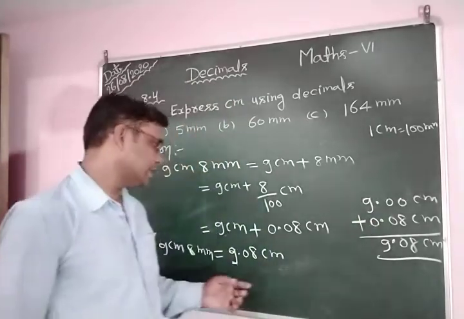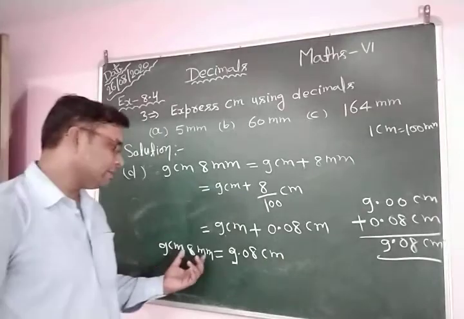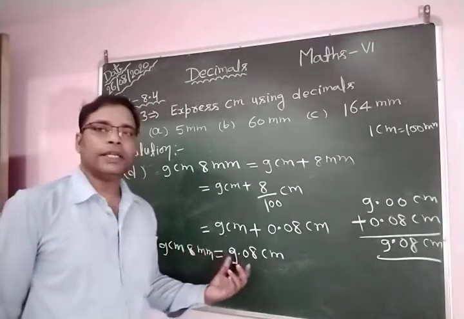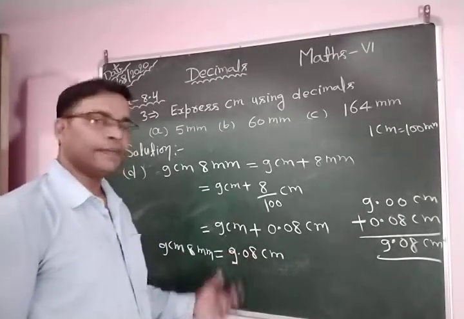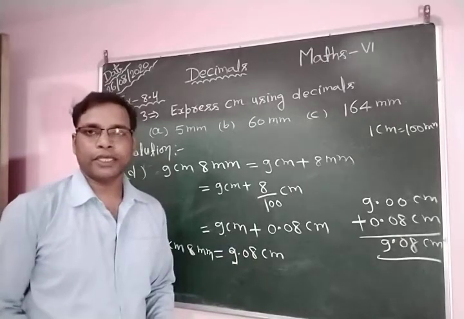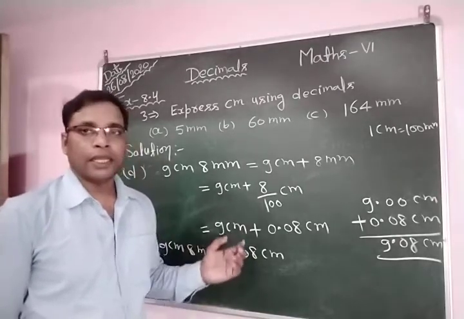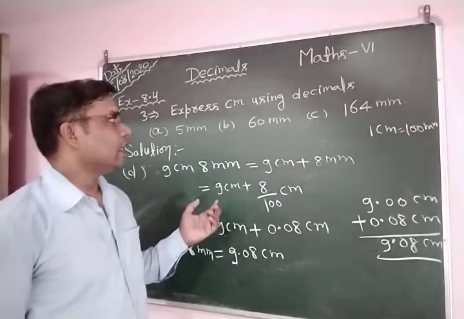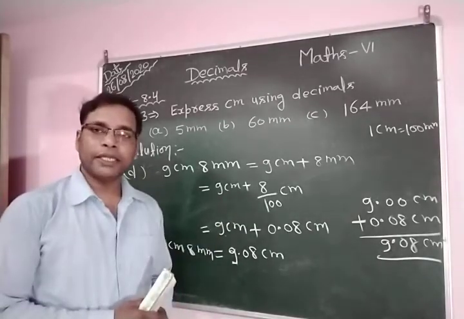So 9 centimeter 8 millimeter is equal to 9.08 centimeters.